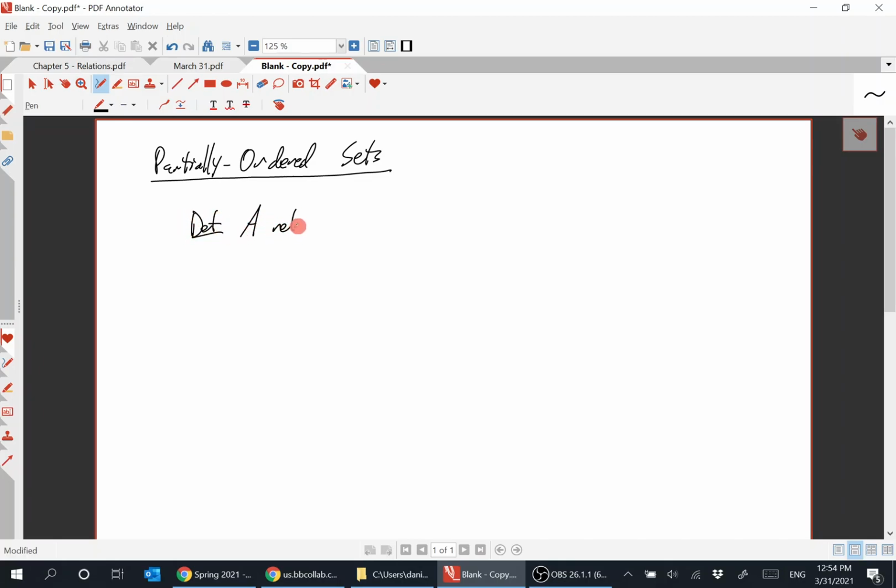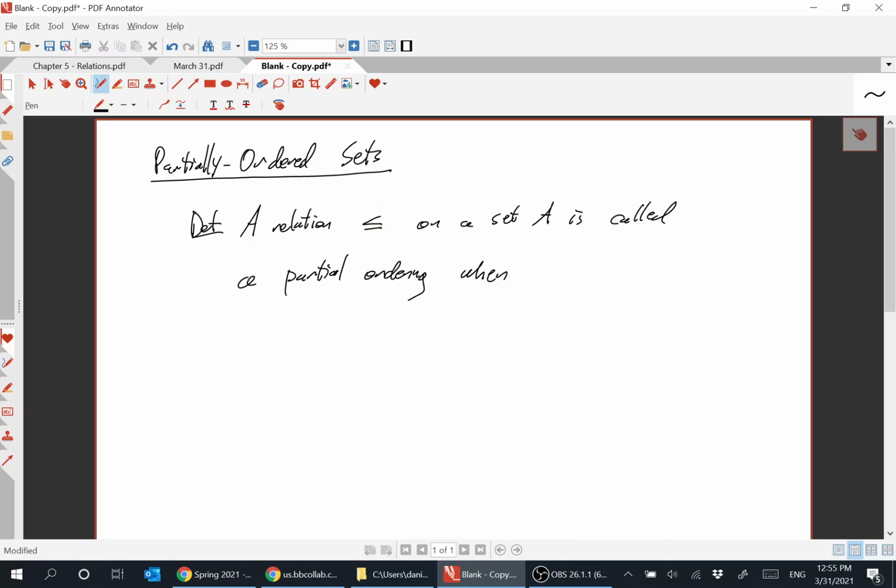A relation, now nobody uses twiddles for partially ordered sets. This relation on a set A is called a partial ordering when, okay, this doesn't mean less than or equal to.